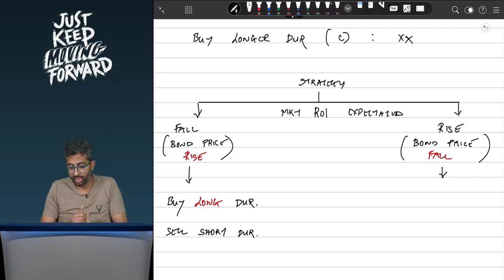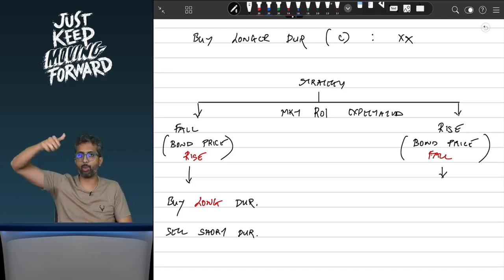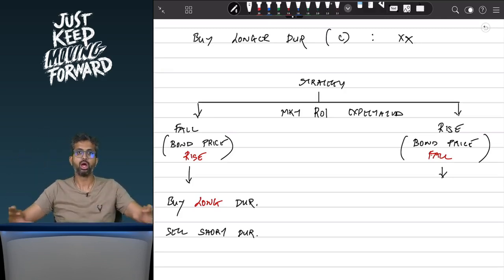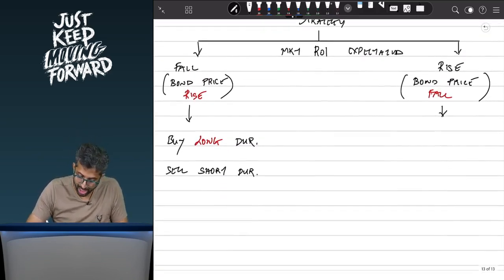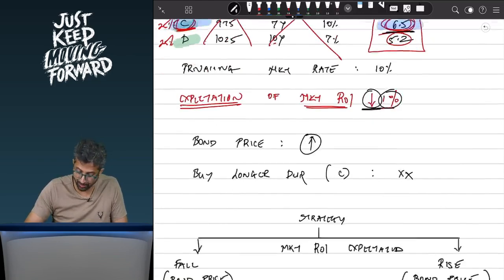In a similar way, over here, in case of a bond, when market rate of interest is going to rise, bond price will fall. Which bonds will fall? All bonds will fall. So what will I do? Well, if I'm a bond investor, I will try to minimize my losses. Where will I run? What will I do with the longer duration bonds? Well, longer duration bonds will fall by 6.5%.